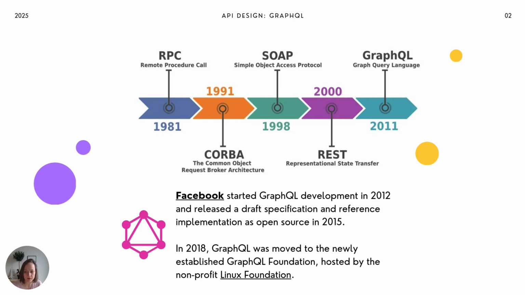So why did GraphQL emerge? It started at Facebook, now Meta, in 2011, 2012, mainly because their front end evolved very quickly, and creating new REST endpoints for each request was essentially too much work. They also started developing different versions of the front end for different platforms, which had very different needs.